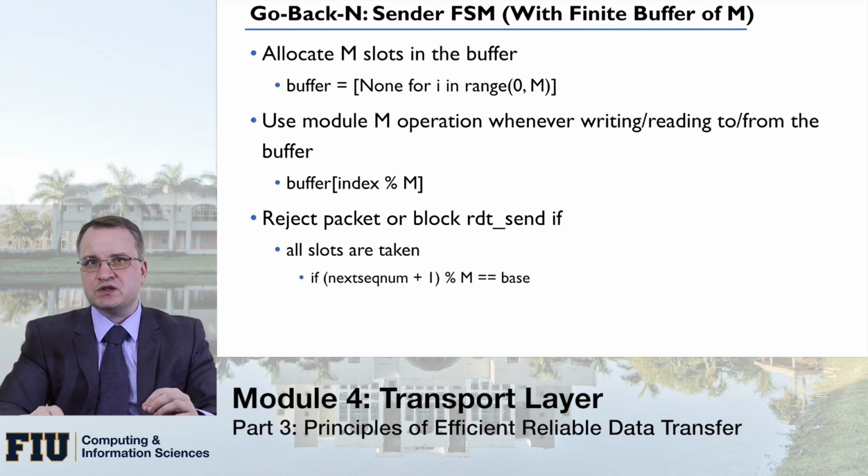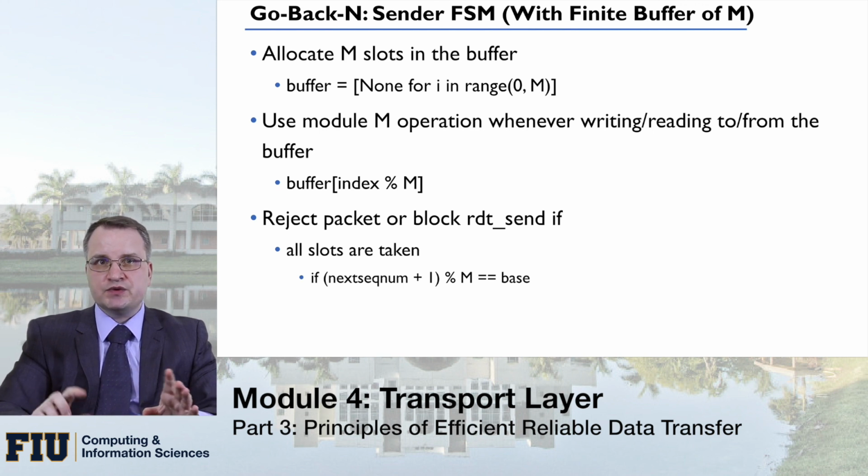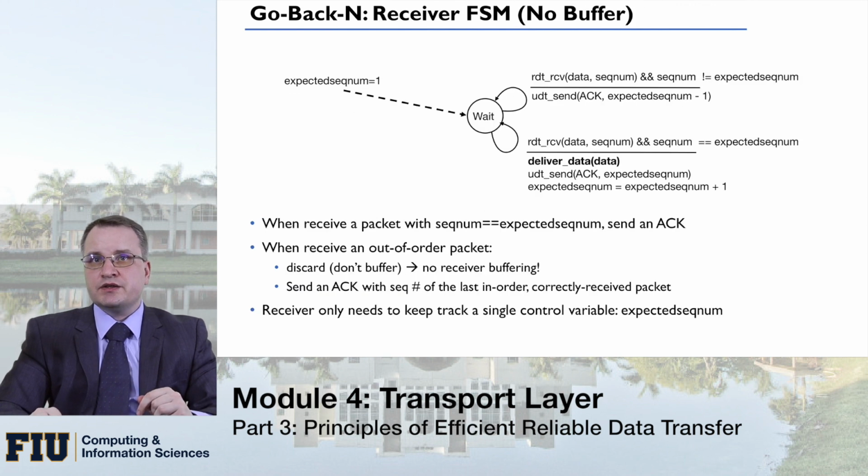You're still using modular logic, and whenever you wrap around, you just change the sequence number to the new numbers. This is exactly what happens in TCP and what you will be doing as part of the project too. If you have more questions about how exactly to realize this, please feel free to ask me over email or on Piazza. The receiver side is actually not that complex.